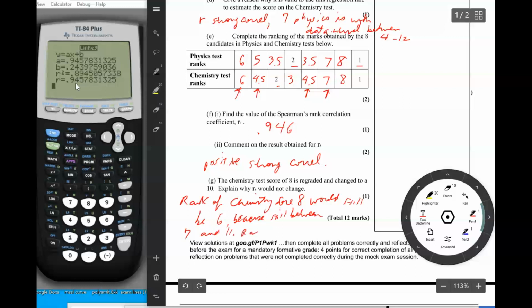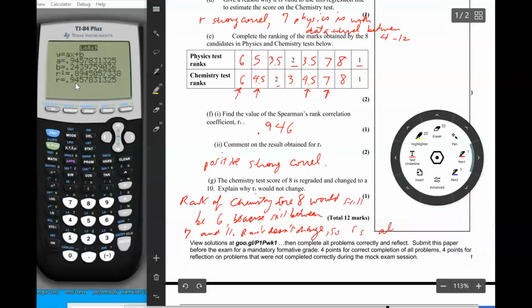So rank doesn't change, so R subscript S also no change. Okay, you don't have to write that much, but you'd write something like that.